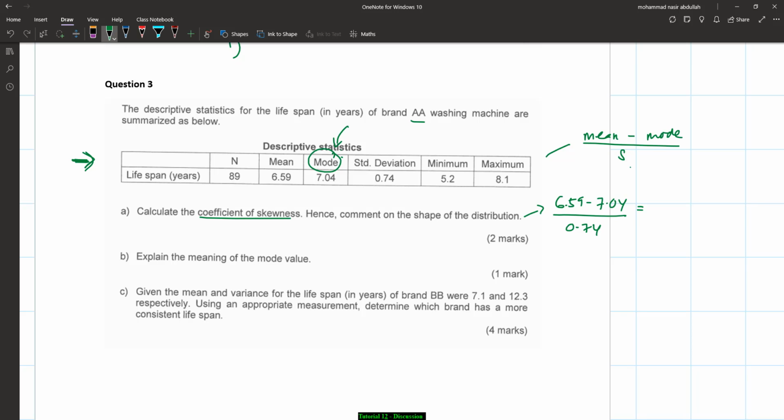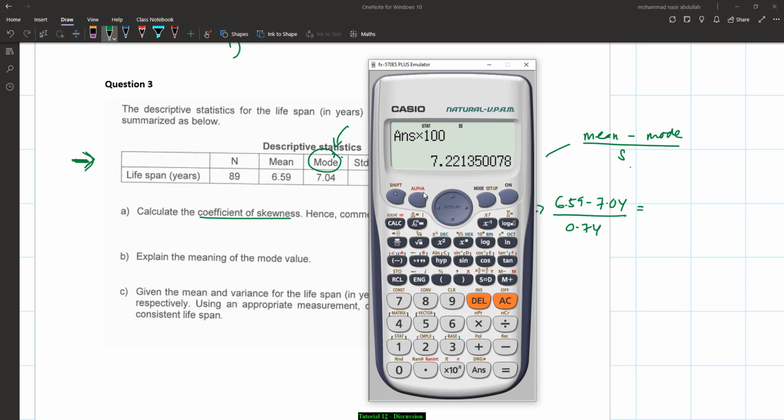This one should be equal to, so let me change to this one, 6.59 minus 7.04. But basically we already know this is a negative value. So this one should be negative, 6.6 minus largest value.